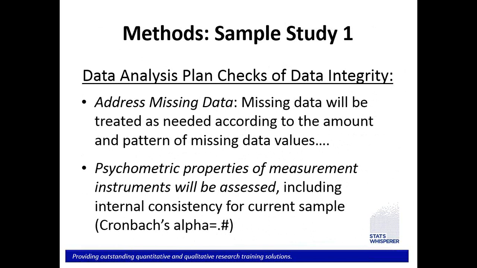We could mention that we'll consider imputing the mean of the valid items, right? Or we could just make that statement. Lastly, right, where appropriate, psychometric properties of the measurement instruments will be assessed, including internal consistency, right, the Cronbach's alpha, on the happiness scale for the current sample, right? And there we go.